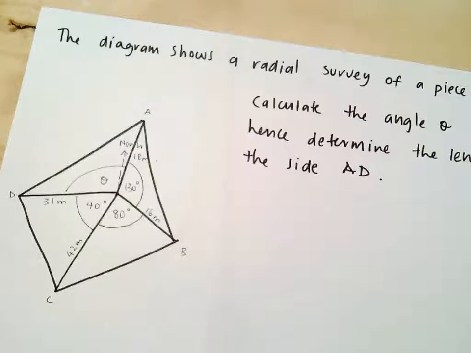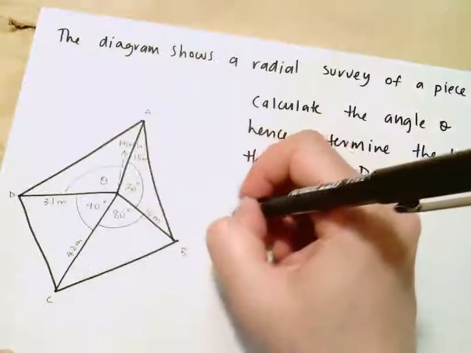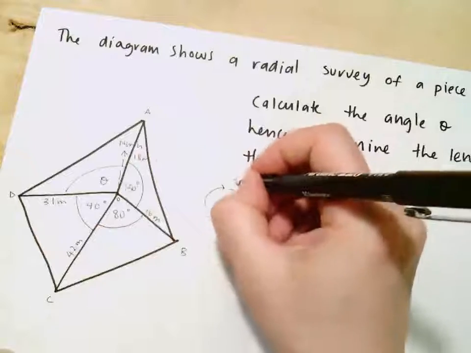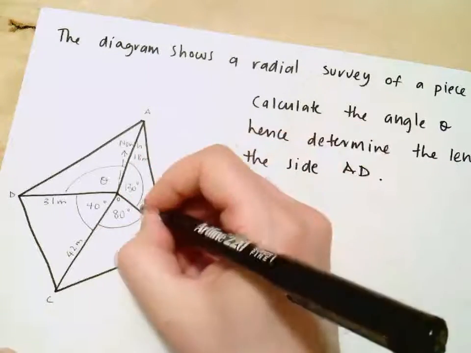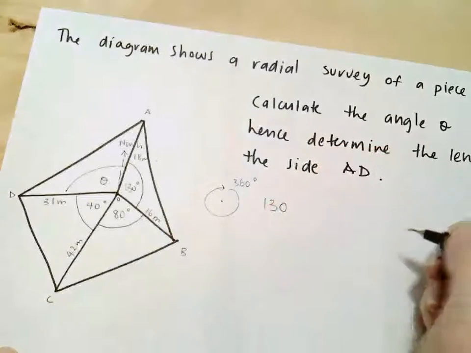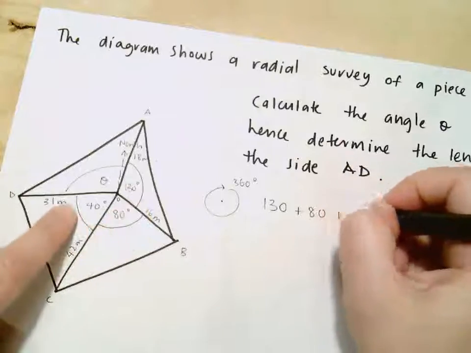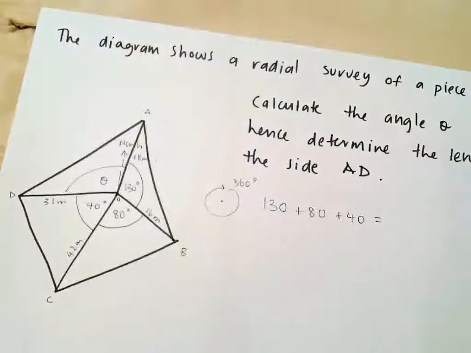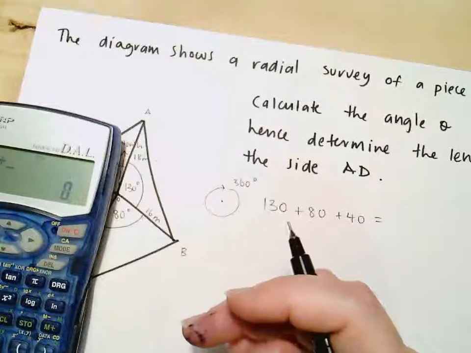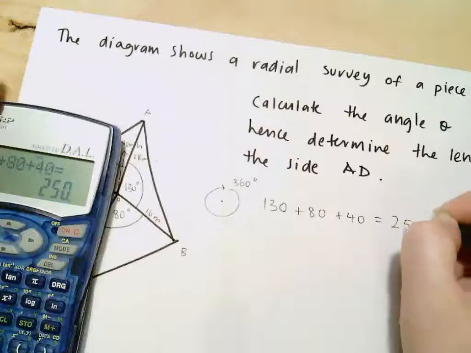All right, let's see how you went. Hopefully you recognise that all the way around, a full rotation around that origin there would have been 360 degrees. You're given all these measurements. So I'd be saying, well, what do those measurements all add up to? The 130 plus the 80 plus the 40 gives me 250.